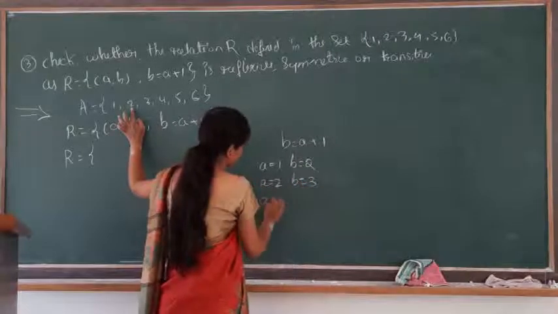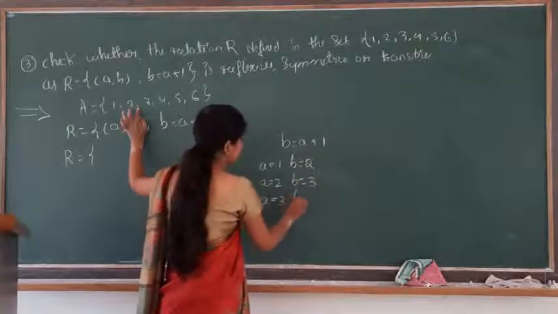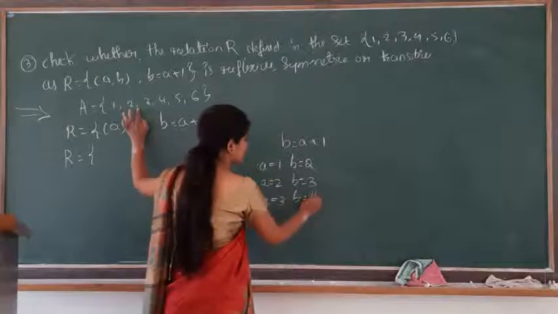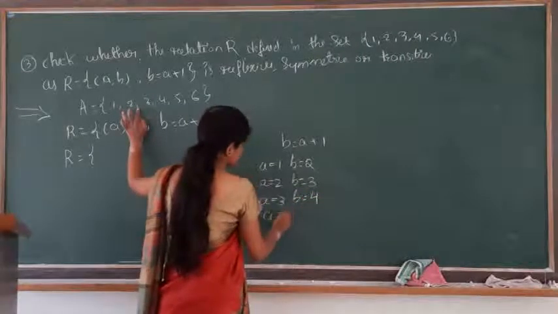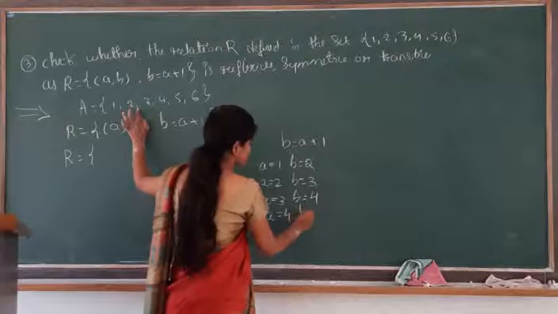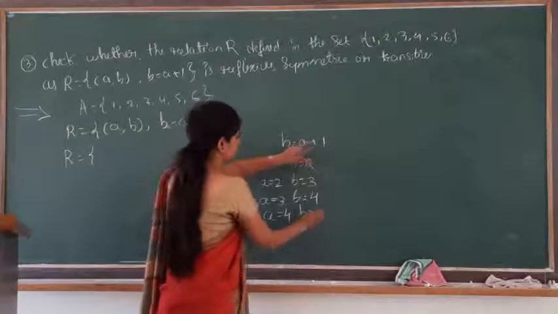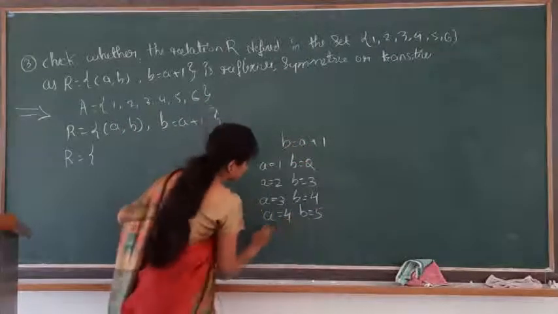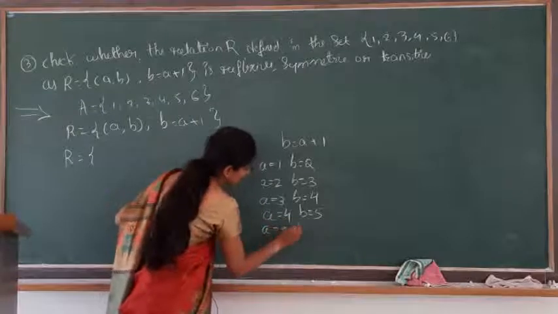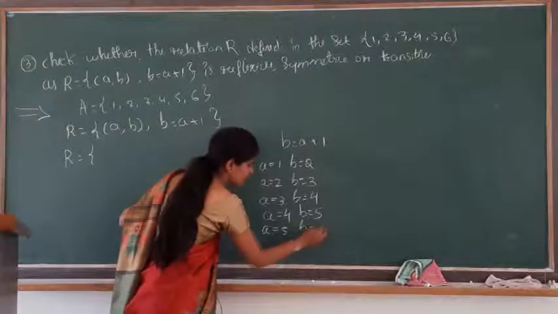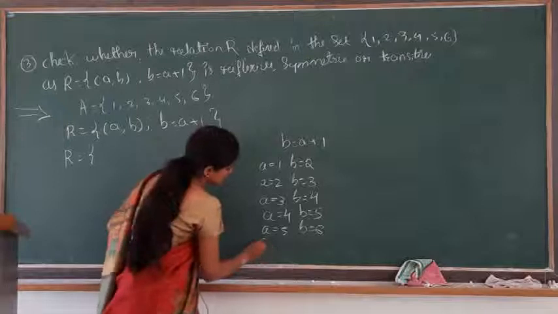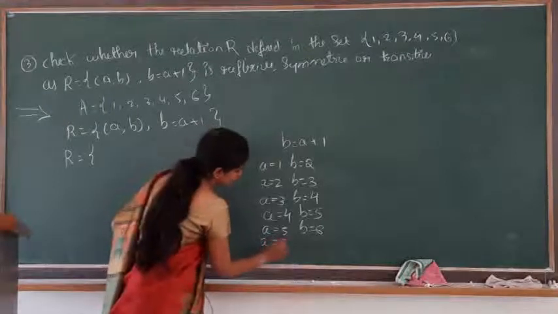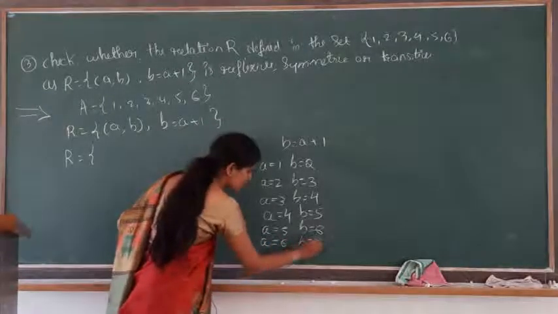If you put a = 3, you will get b = 3 plus 1, 4. Similarly, a = 4, you will get b = 4 plus 1, 5. Then a = 5, you will get b = 6. And similarly, a = 6, you will get b = 7.